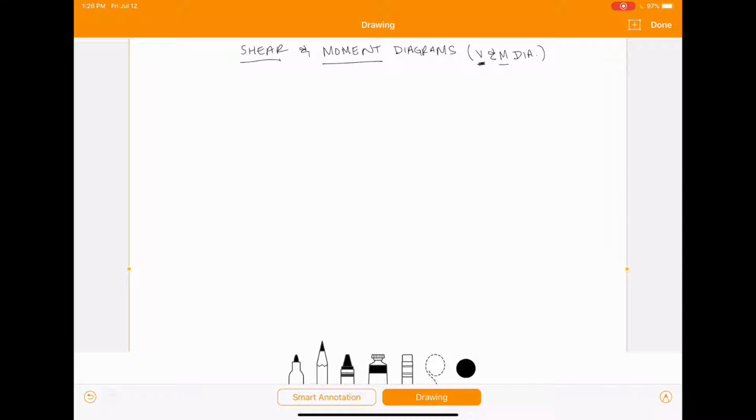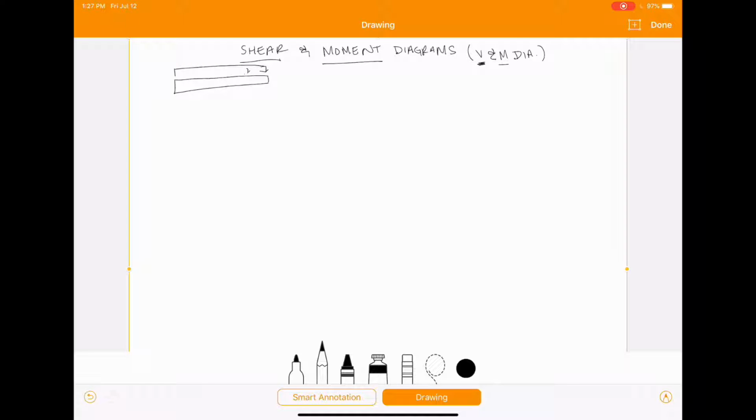Shear and moment diagrams graph the change in shear or moment over the length of a beam. Just as we learned in our last video, beams have internal forces associated with them.